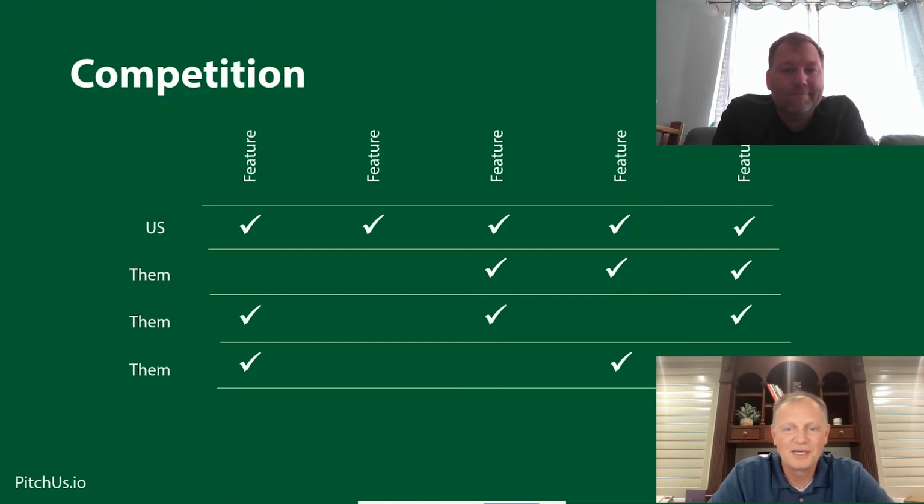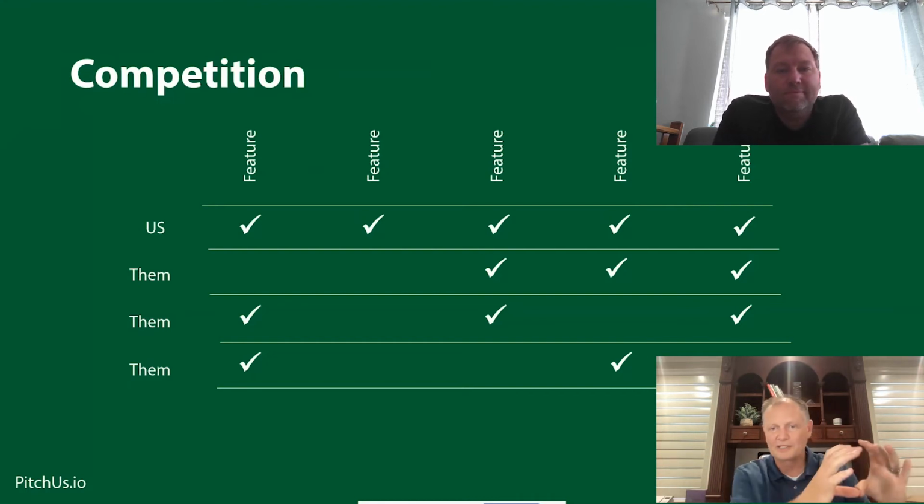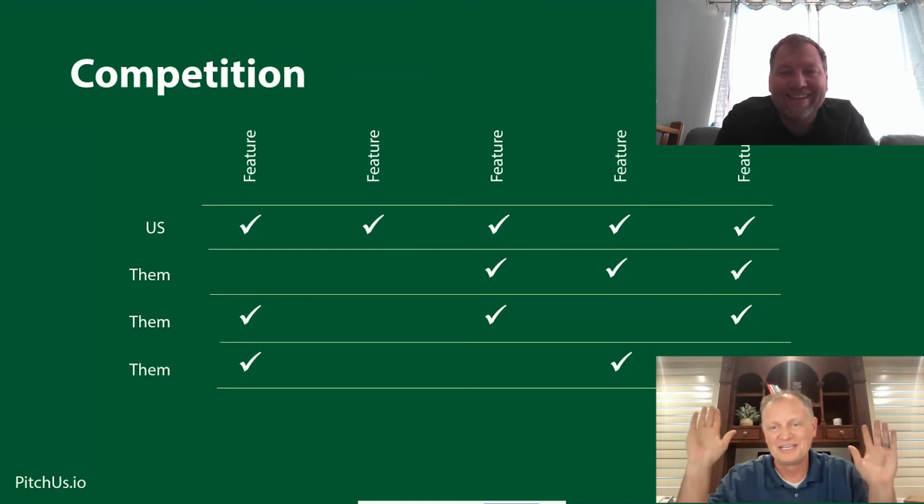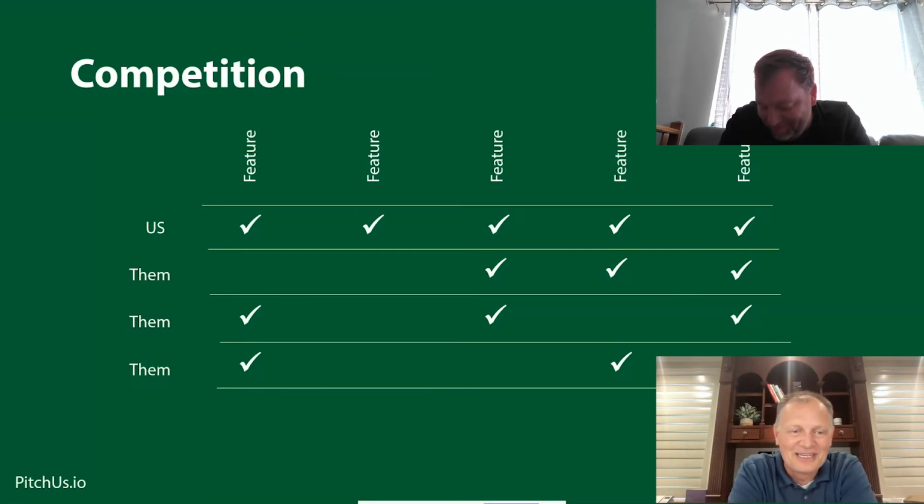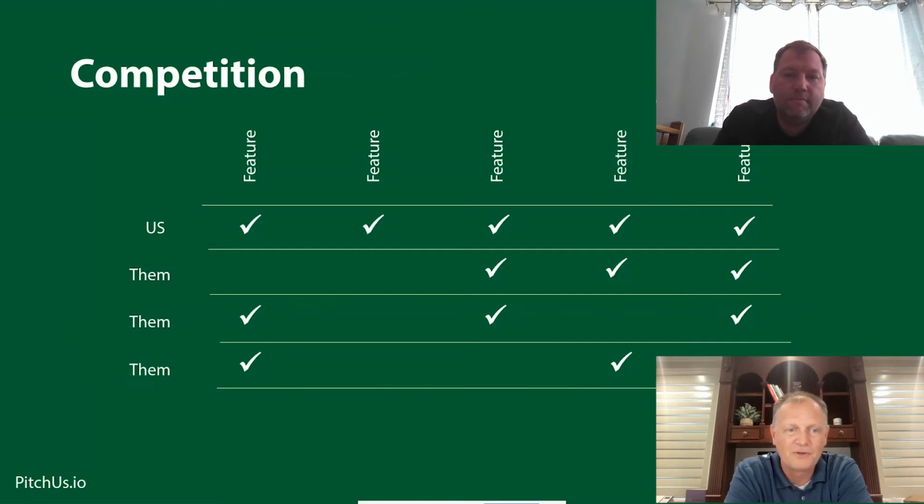I saw this funny meme where it showed a Rolex watch and then a frog watch, and it did a market comparison and said, tells time. Both of them, is green and has a frog. Yeah, we win clearly. Right. So be careful on how you're matching up features, make sure they're meaningful.